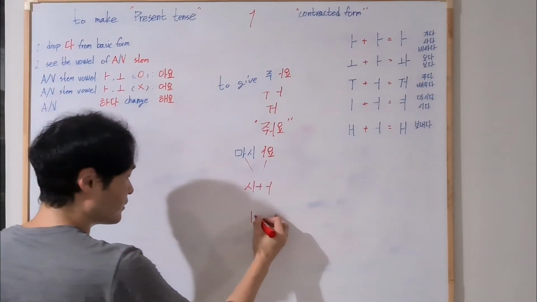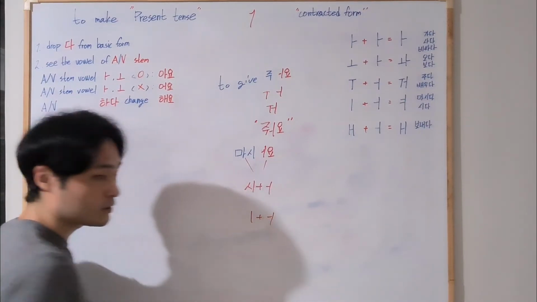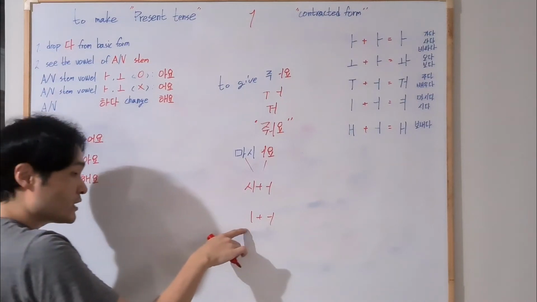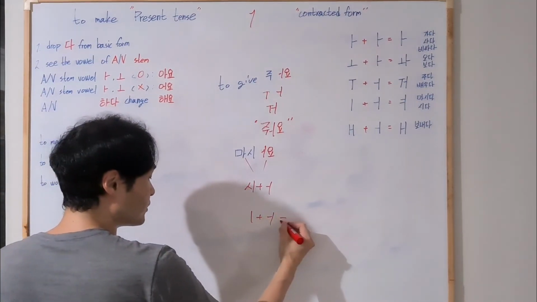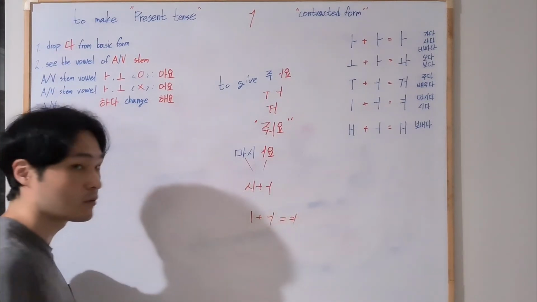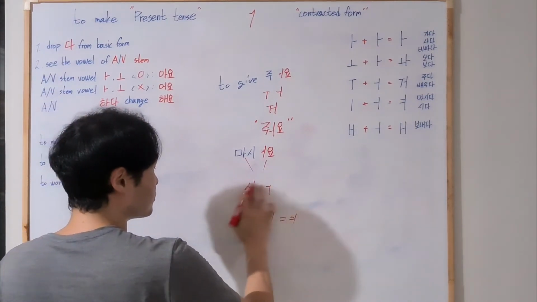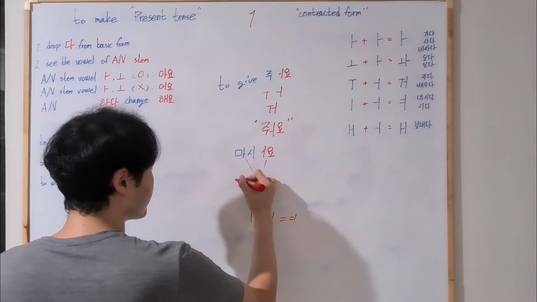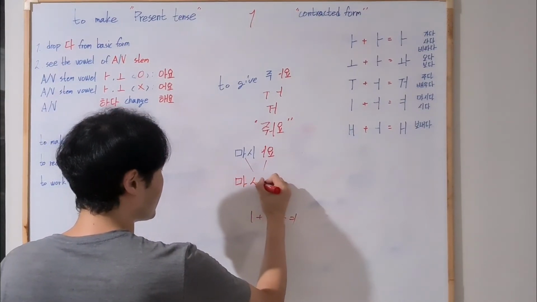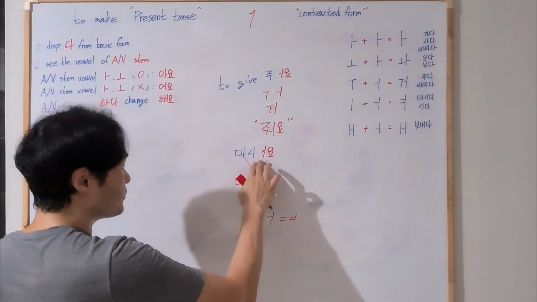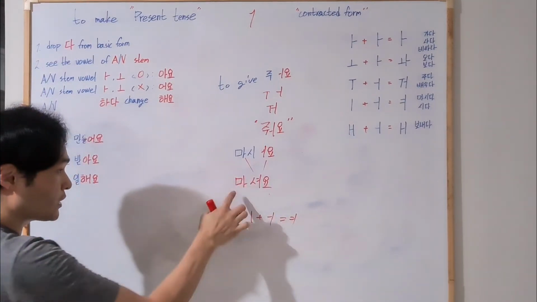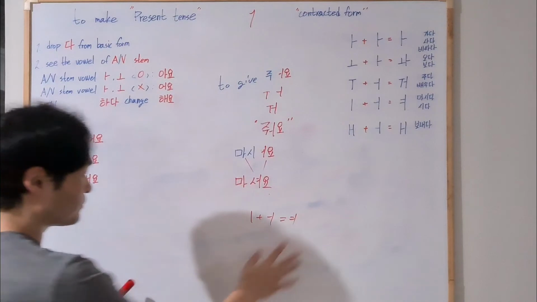Vowel 이, vowel 어. How does it sound? 이어, 여. So 마셔요. Vowel 이, vowel 어 become 여. 마셔요. Present tense.